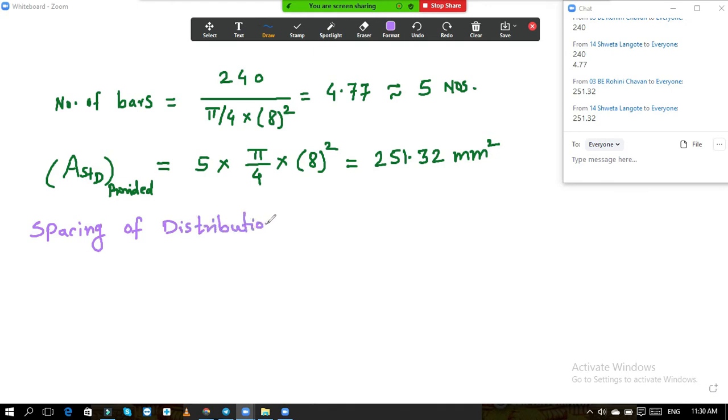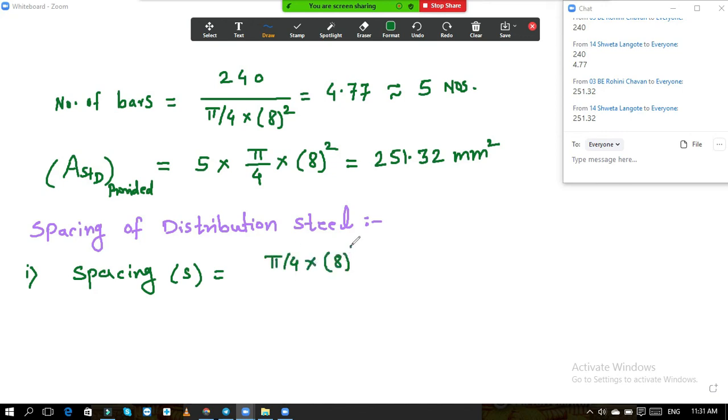By our regular formula, which I have just told you, spacing S is equal to area of single bar divided by area of steel provided, that is 251.32, multiplied by width 1000.